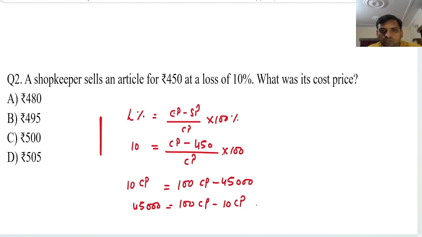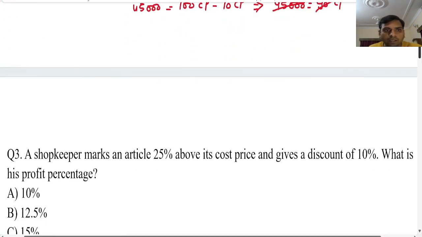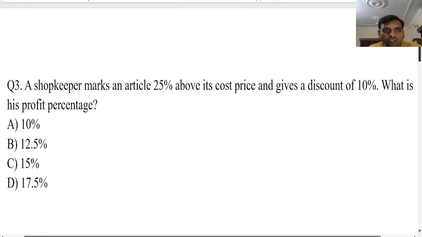You can solve this equation as 45,000 equals 90 CP. On dividing this, you will get 500. So CP for this product is 500. Correct option is C. Now next, question number 3.